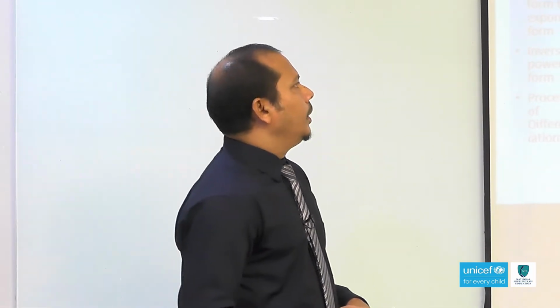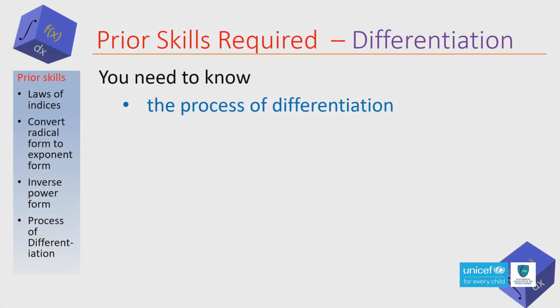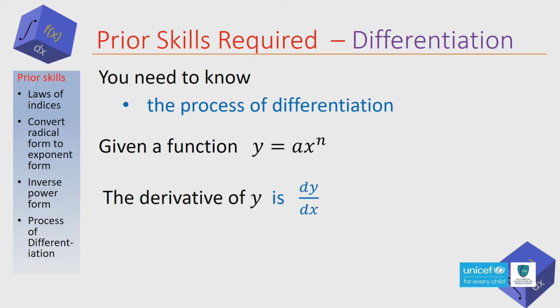If you go through differentiation, you know that the process takes a function and produces a derivative function. The derivative function is normally written as dy by dx, which is a rate of change.